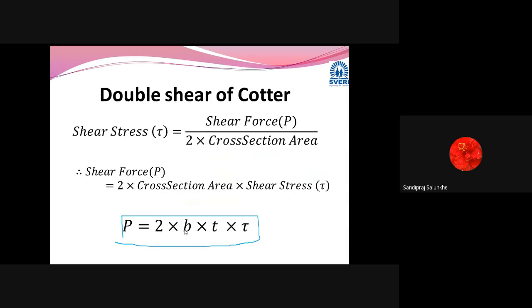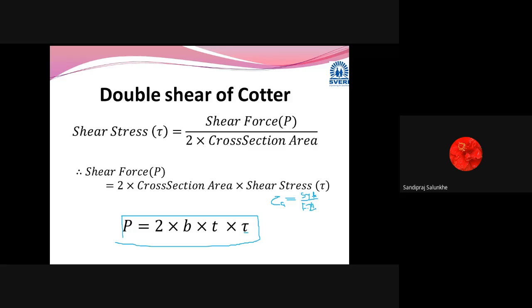B multiplied by T, just double it, and shear stress, not allowable, design shear stress for this pin material. This design shear stress is also calculated from the allowable shear stress. The allowable shear stress is equal to SYT, that is the yield strength given for the material, because in the actual problem they provide us this yield strength only. We have to calculate the allowable stress by considering the factor of safety.